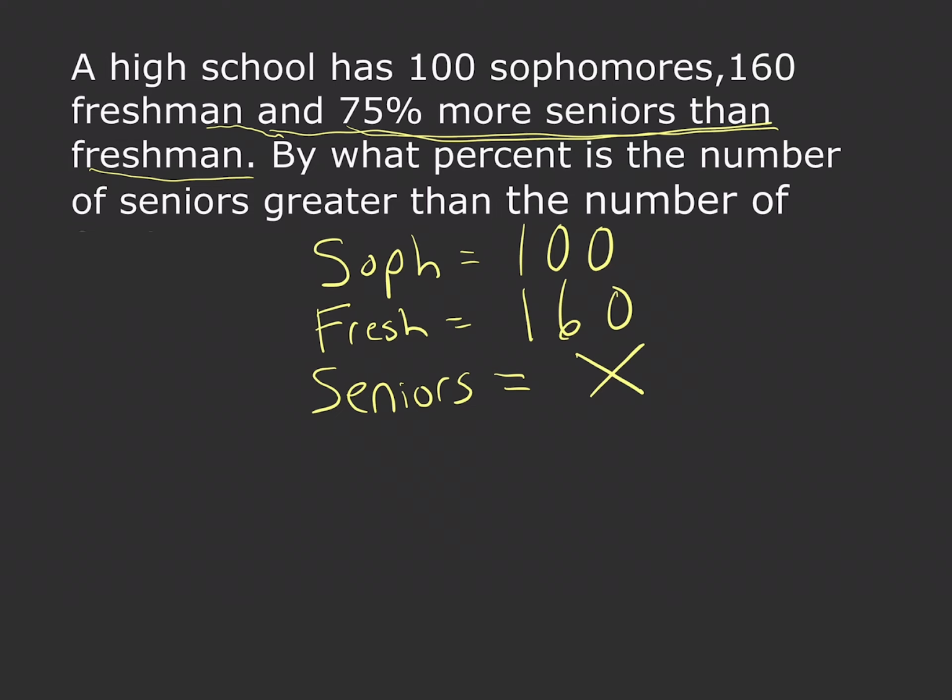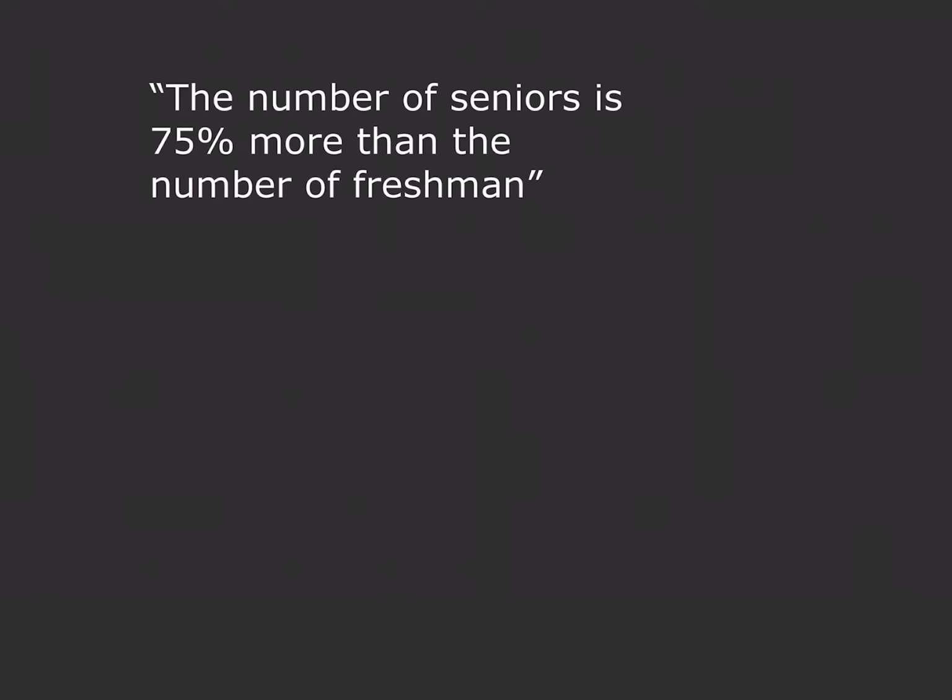Because when I say there's 75% more seniors than freshmen, that's very hard to conceptualize and work with. Therefore, the number of seniors is 75% more than the number of freshmen. Always reword these like that to make more sense. So now I can figure this out.